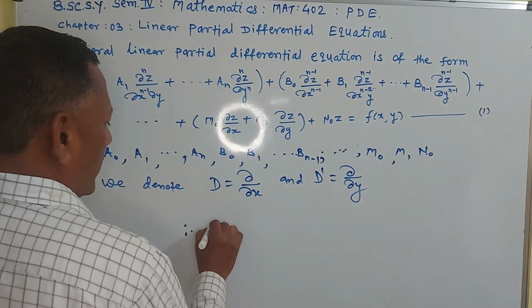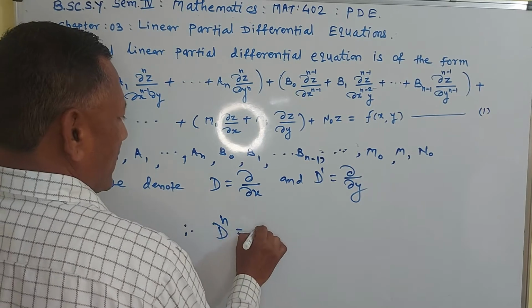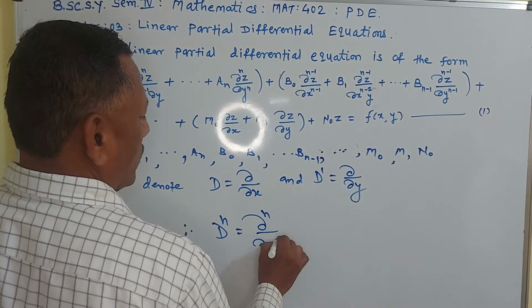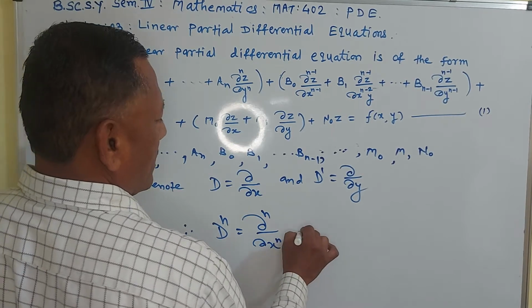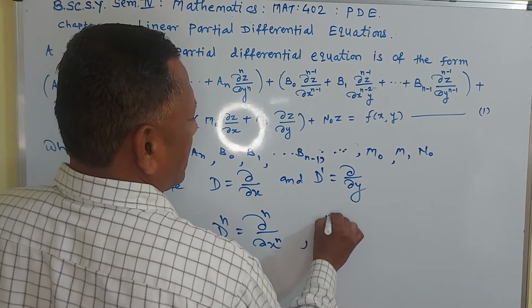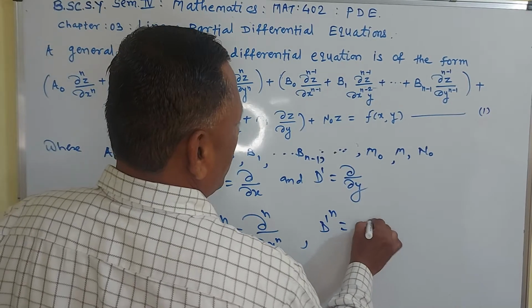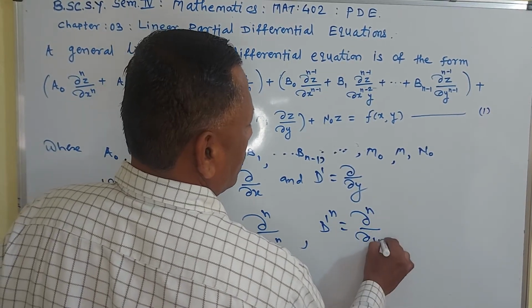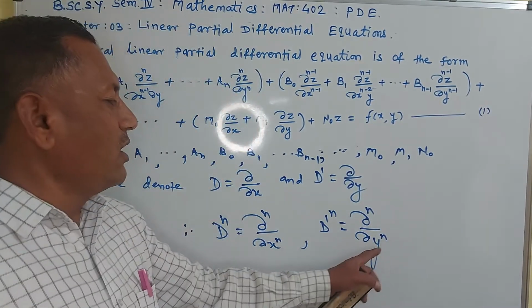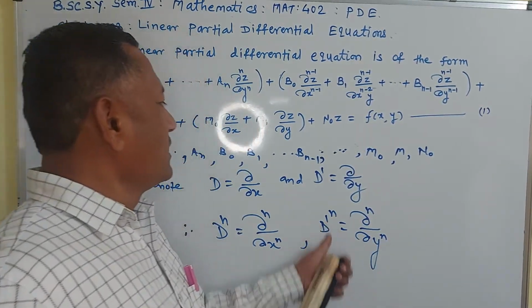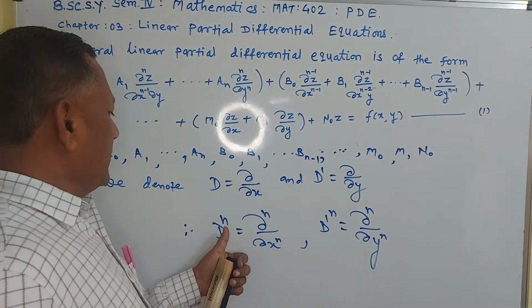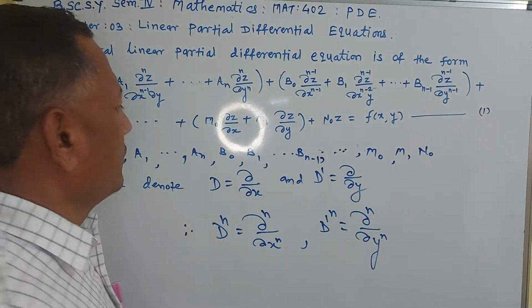Therefore, what is D raised to n? D raised to n is the nth partial derivative with respect to x, ∂^n by ∂x^n. And D dash raised to n is equal to the nth partial derivative with respect to y, ∂^n by ∂y^n. So these are the symbols D, D dash, D raised to n and D dash raised to n.